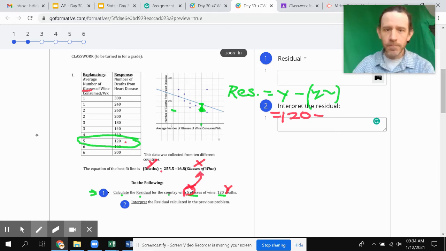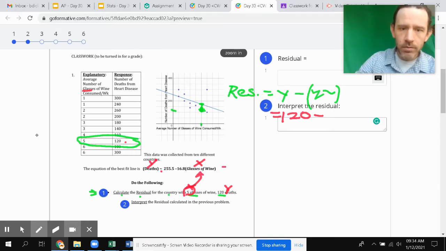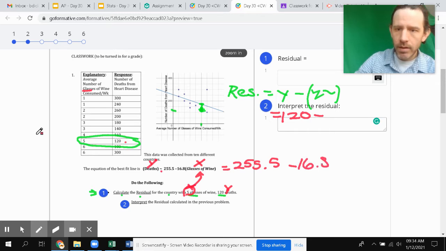So let's do that now. So this is going to equal 255.5 minus 16.8, and we've plugged in the 5 here.